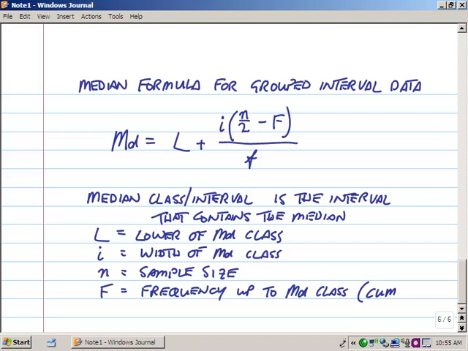Alright, make sure that we all understand this is a cumulative frequency. And little f is the frequency of the median class.